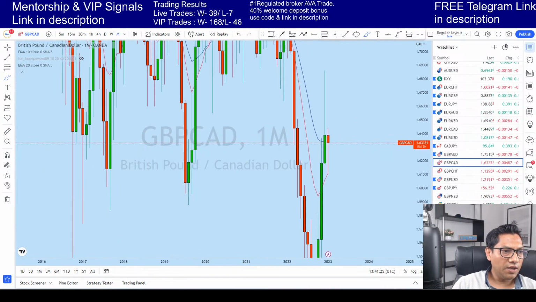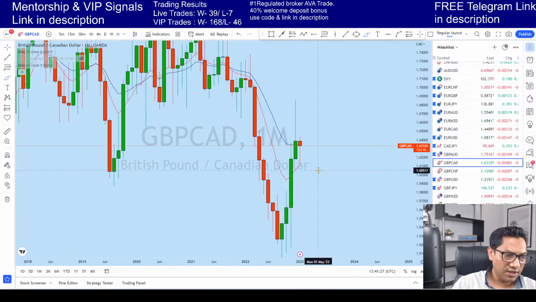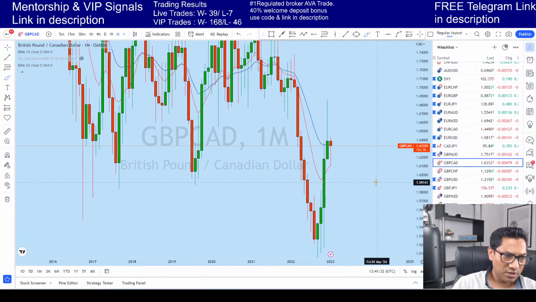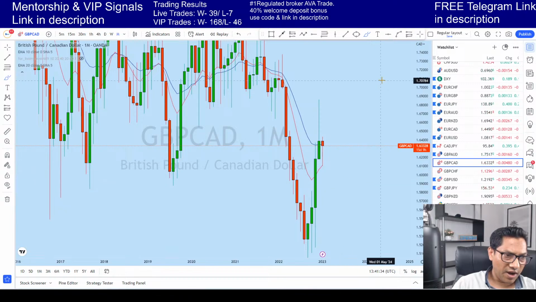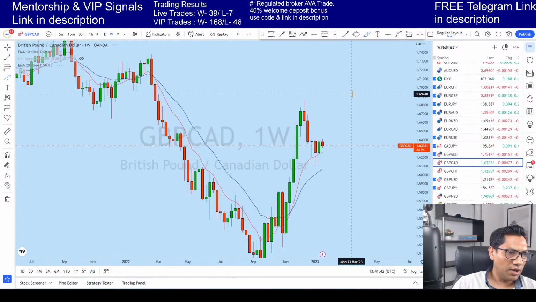Looking at monthly on GBP CAD, I think this market might move a little bit in consolidation, and finally you could see that next week might be a little bit bullish. Looking at weekly, why?